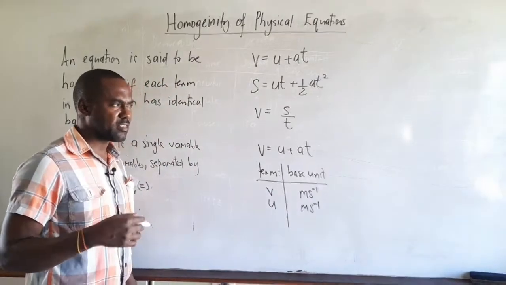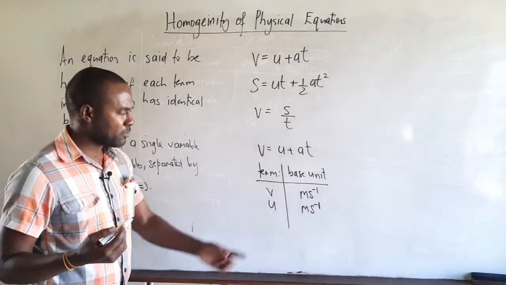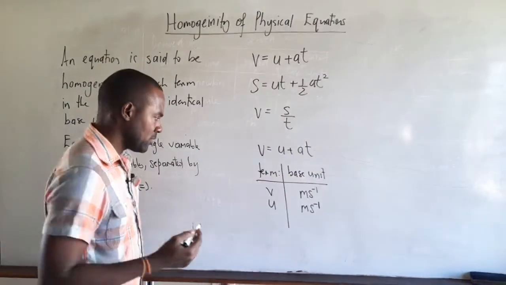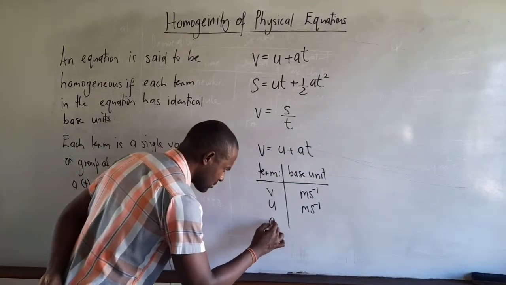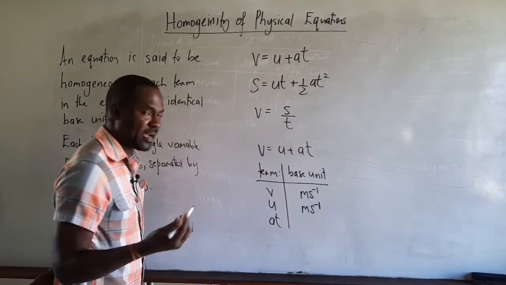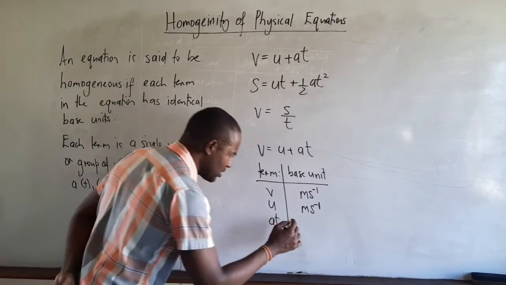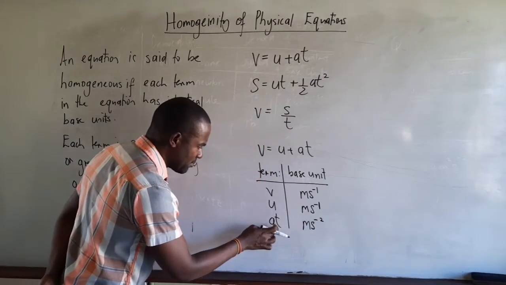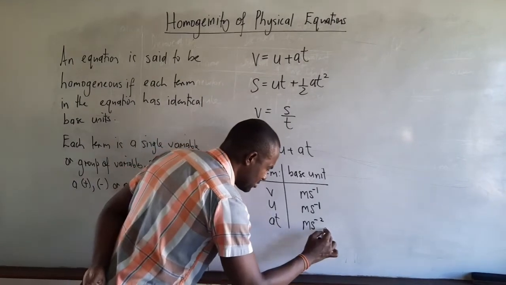Now, at is not a single variable, but two variables, a and t, being multiplied together. And so therefore, to get the base units of at, we must multiply the base unit of a by the base unit of t. So for at, the base unit would be the base unit of a, which represents acceleration, whose unit is the meter per second squared. The SI unit of time is the second.